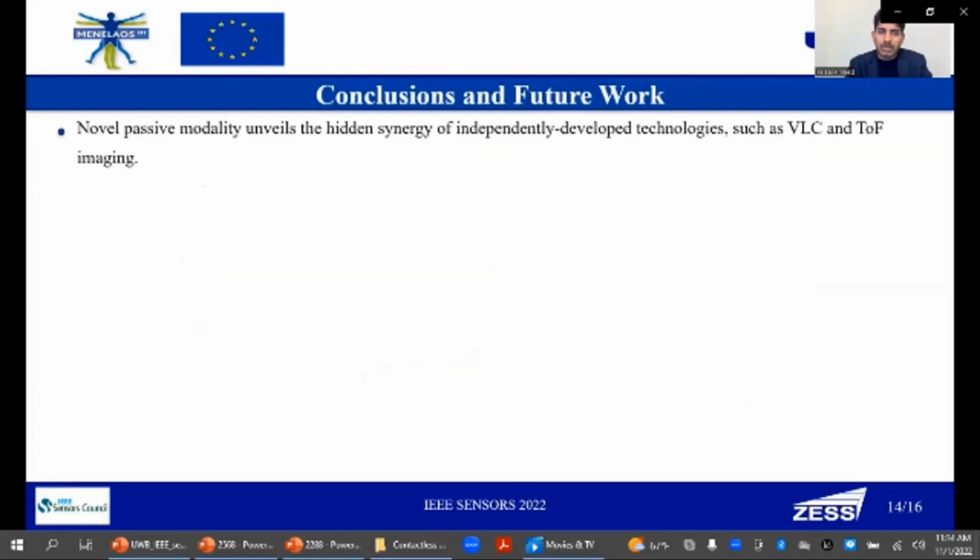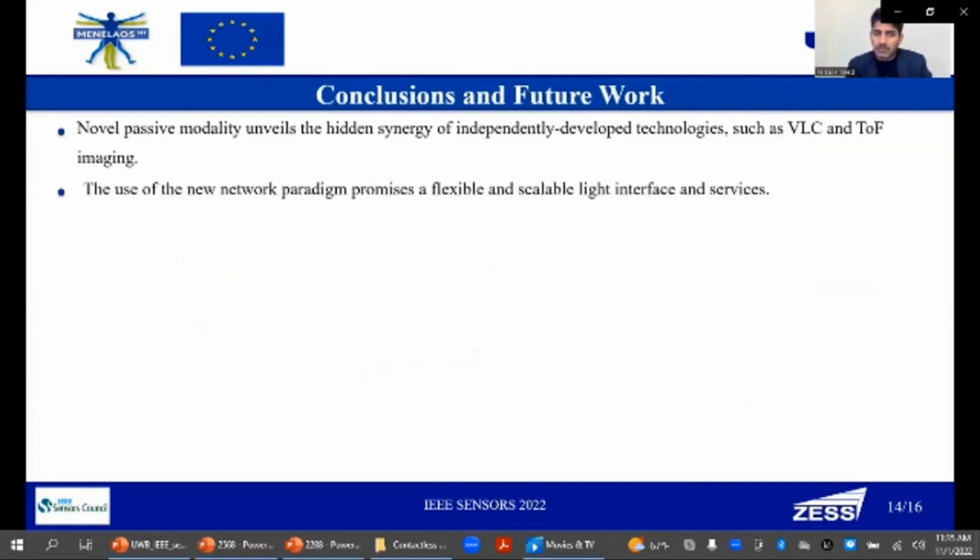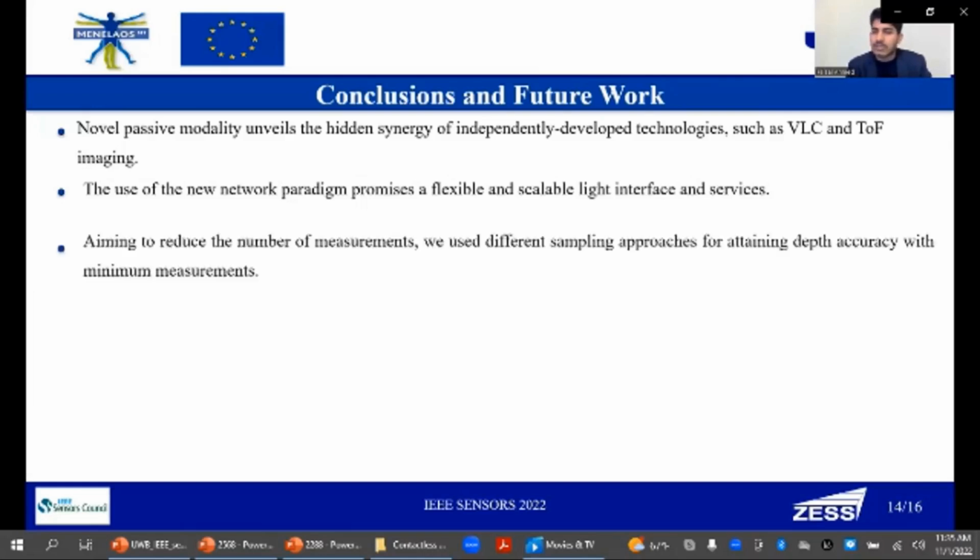We explored a novel passive modality, where we explored the hidden synergy of two independently developed technologies, VLC and ToF imaging. The use of this new paradigm promises a flexible and scalable light interface and services, because VLC infrastructure is increasing day by day, and we have to exploit this opportunity to attain passive ToF sensing services.